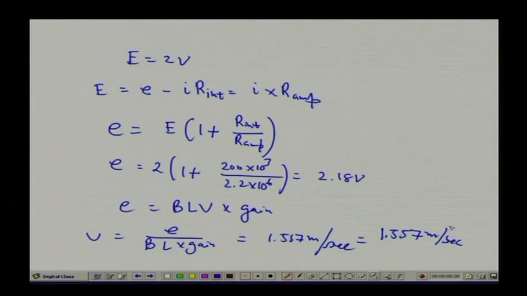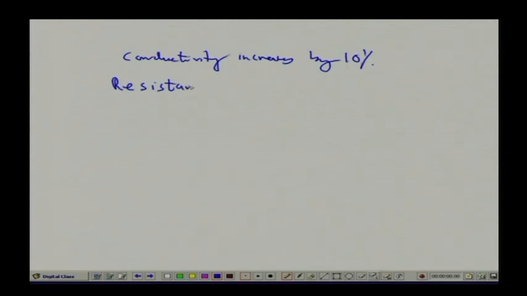So, if I have that thing, we take a new page. Conductivity increases by 10%. That means conductivity increases by 10%, so the resistance decreases by 9.1%, right.